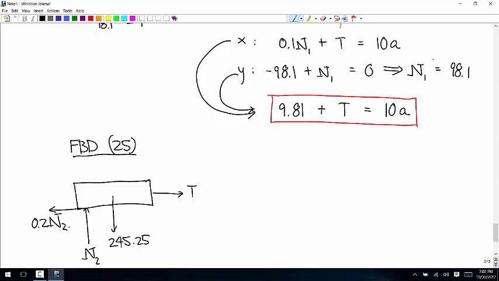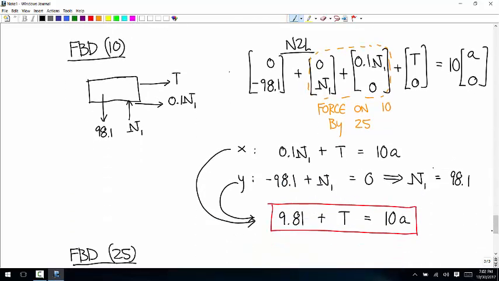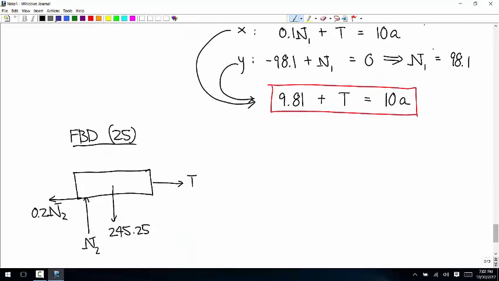And then the forces from the top. Now we know what these are. Well, we don't know what they are numerically yet, but we do know what they are numerically, because we know what N1 is, and we know that the force on the 25 by the 10 is just equal and opposite to this. So that means we have a force coming down with a magnitude of 98.1.